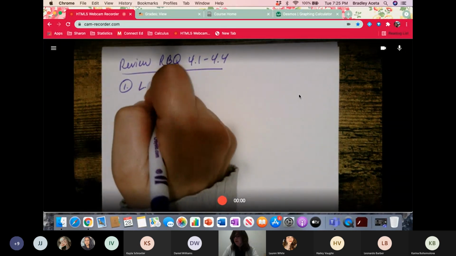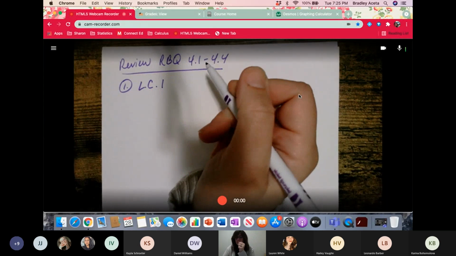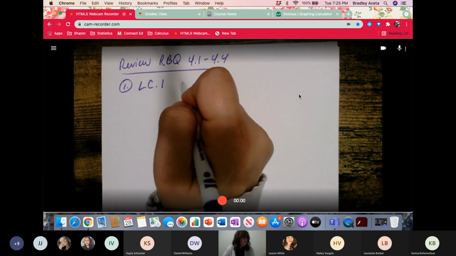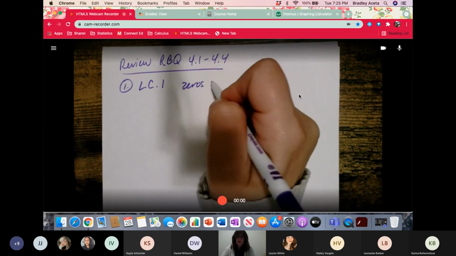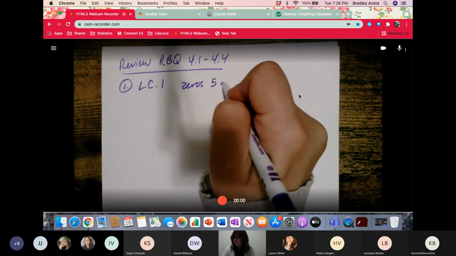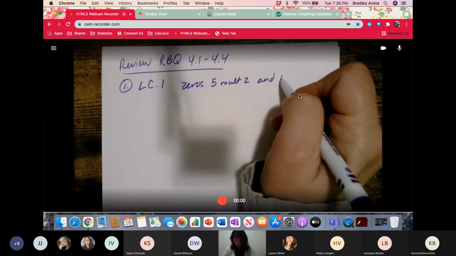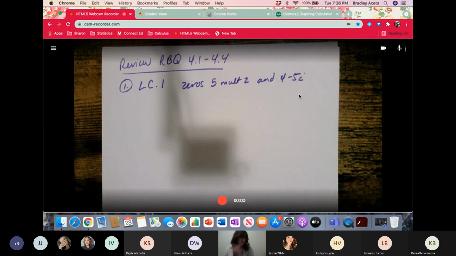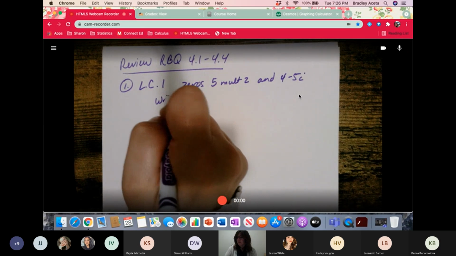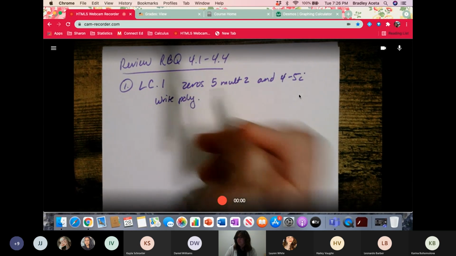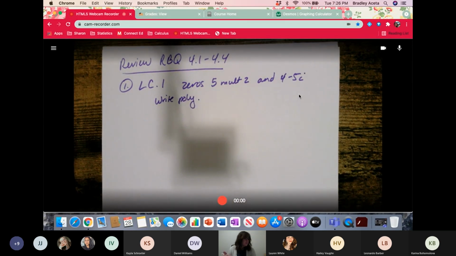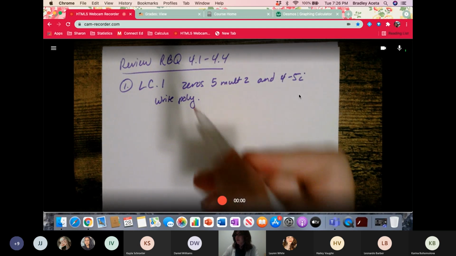They want you to have a polynomial with a leading coefficient of 1, and they're going to give you zeros of 5 with a multiplicity of 2 and 4 minus 5i. And they want you to write the polynomial. And you actually don't have to FOIL this out. How neat.